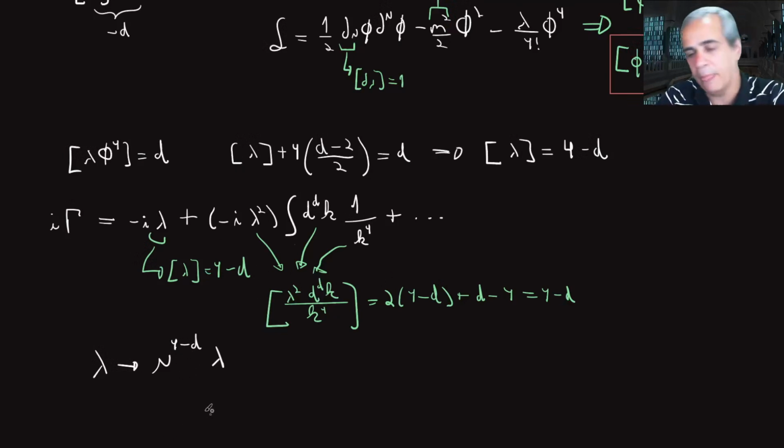The main price of not doing this and keeping this lambda dimensional is that eventually logarithms will show up, and you have logarithms of dimension-full quantities, which is a bit odd. But again, you can fix that at the very end of the calculation.